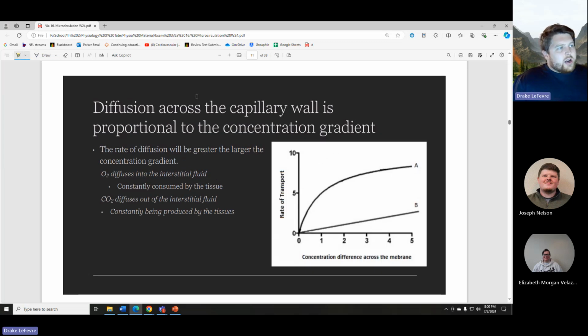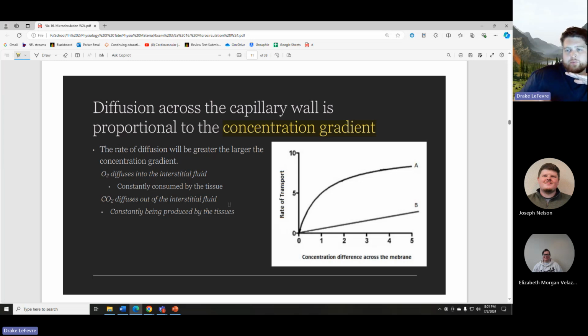Diffusion across the capillary wall is proportional to the concentration gradient. Basically, the bigger the concentration gradient, the more stuff there is on one side compared to the other, the easier it's going to diffuse. Like O2 and CO2. Because O2 is constantly being consumed, there's almost no oxygen inside the tissue.